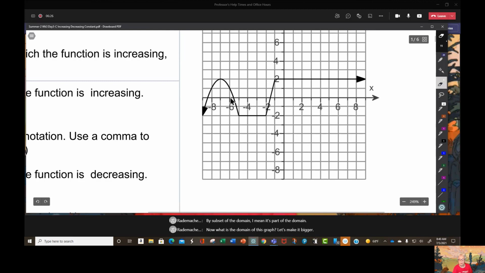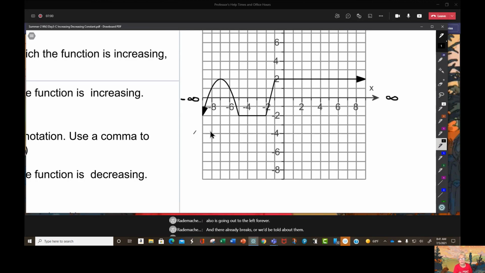Well, let's see, it goes up and down and flat and up and flat, and it goes to the right forever. And this arrow tells us that while it's going down, it also is going out to the left forever. And there aren't any breaks, or we'd be told about them.